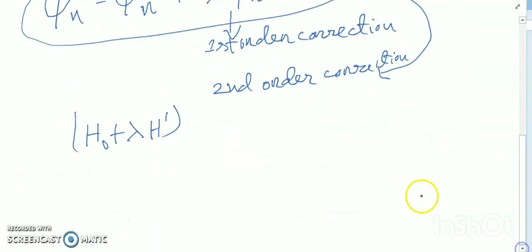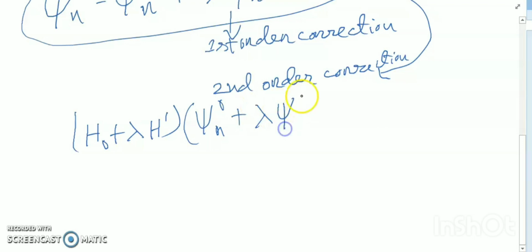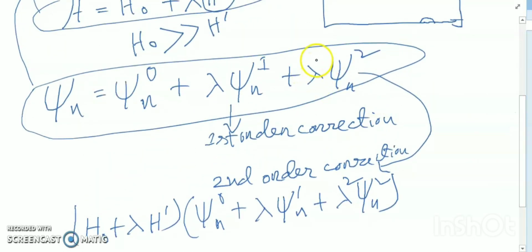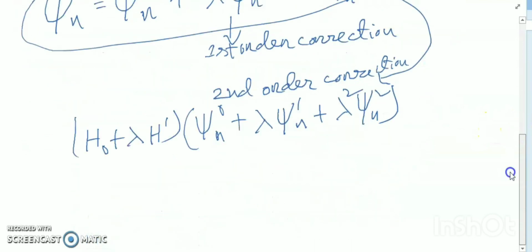So H0 plus lambda H dash acting on psi n0 plus lambda psi n1 plus lambda square psi n2. Similarly, it is not lambda square here, it is second order, so it is lambda square.